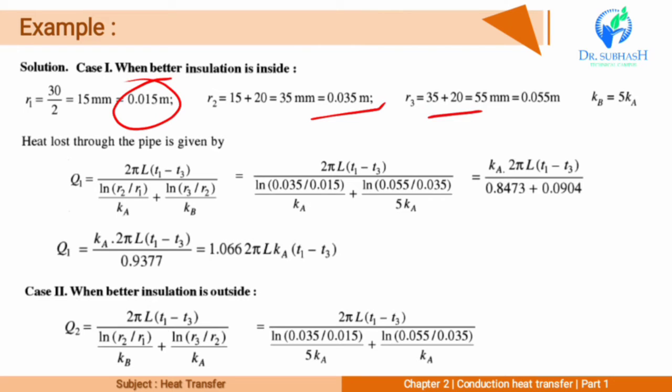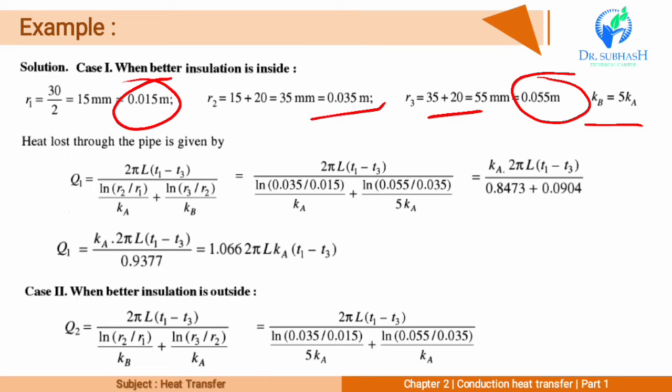So that is 35 plus 20, equal to 55 mm, converted into meters 0.055 meter. And one relation between the thermal conductivity of the two materials: Kb is equal to 5K. Here Kb is the thermal conductivity of the poor insulating material and Ka is the thermal conductivity of the better insulating material.